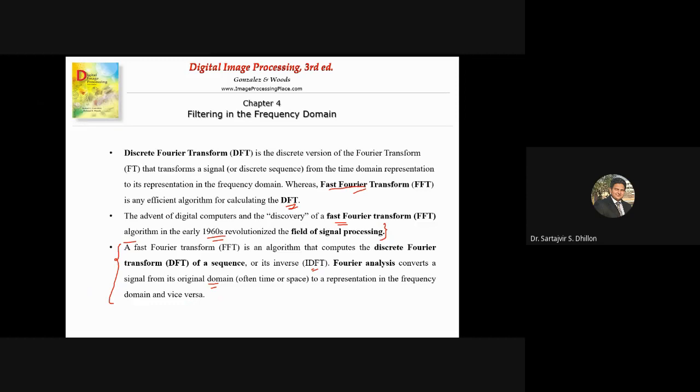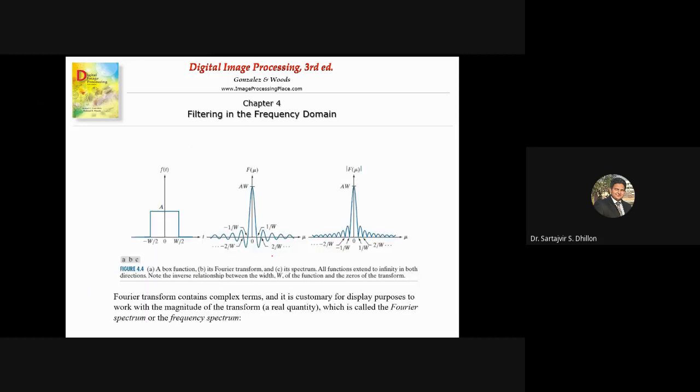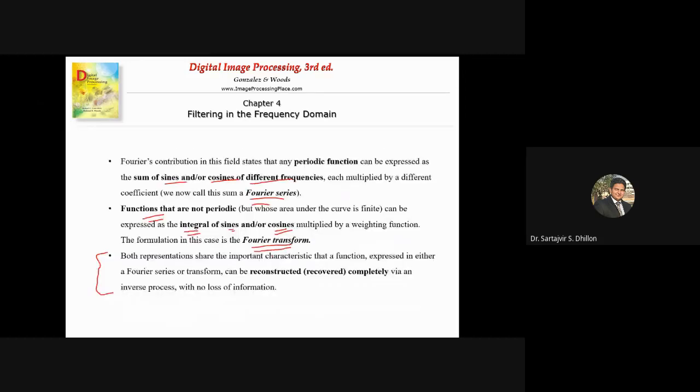So there may be a question why there is a requirement of covering this frequency domain in digital image processing if we can do everything with the help of spatial domain processing. The answer to this question is very simple, because there are many operations which can be performed in the frequency domain but not in the spatial domain.